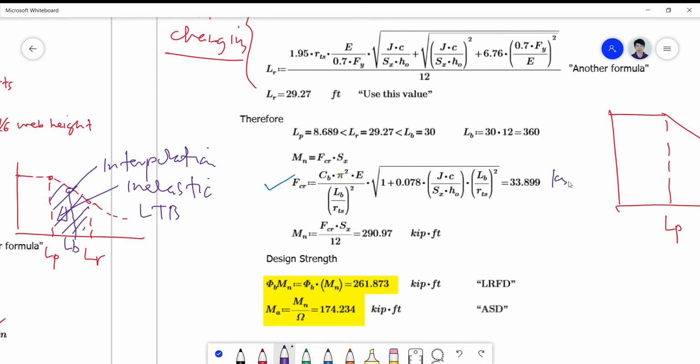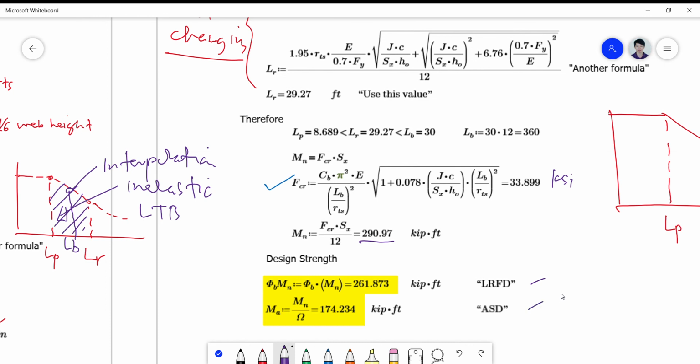Take note that the units must always be consistent. Multiply it by your SX and divide by 12 to convert it to cubic foot. We have now 290.97. And the design strength for LRFD is simply phi b Mn, which is 261.873, and for ASD is simply Mn over omega, 174.234 cubic foot.